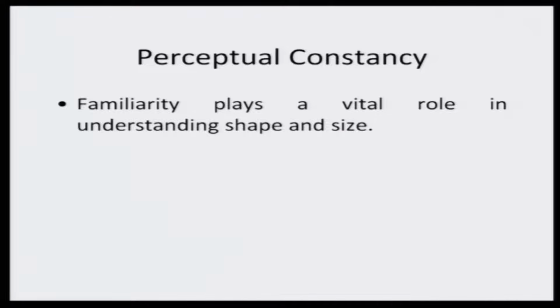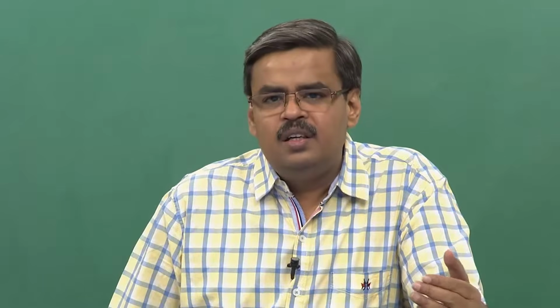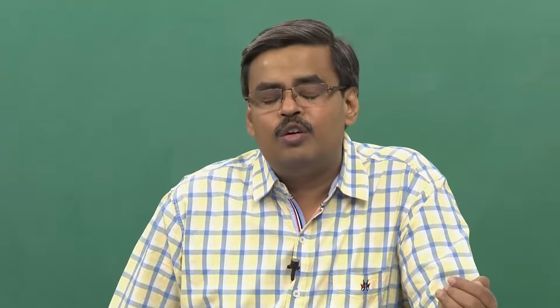In terms of perceptual constancy, familiarity plays a very, very important role. If you are familiar with an object, you know what would be the shape and size of this very object, and therefore, despite the fact that in reality the shape and the size vary, you always maintain a constant shape of that very object.